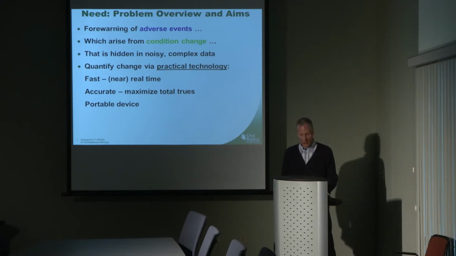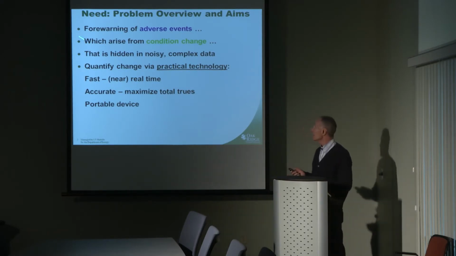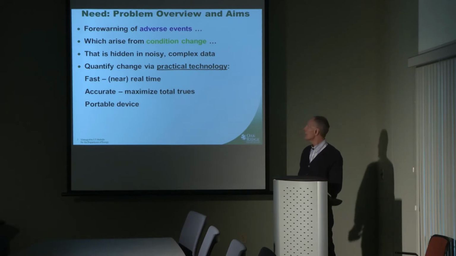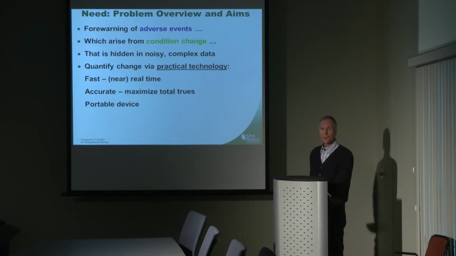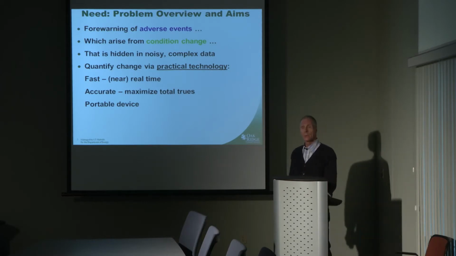So a high-level explanation of the problem is that one has adverse events hidden in real data. Those data involve some sort of condition change, but it's hidden amongst very noisy, very complex data, and we set for ourselves a very high goal.